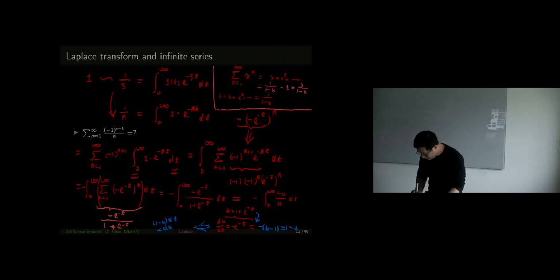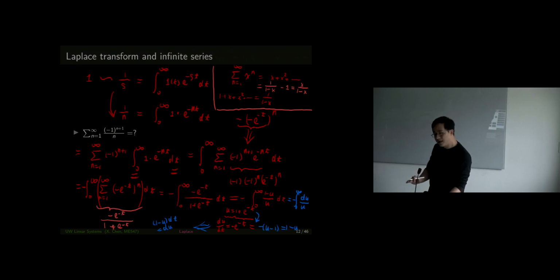So in here, therefore, this one is the integration from 0 to infinity of 1 minus u times dt. You can see we have already seen that this is du, and then in the denominator is u. This is an easy integration, therefore.